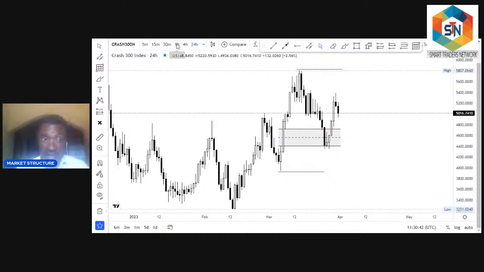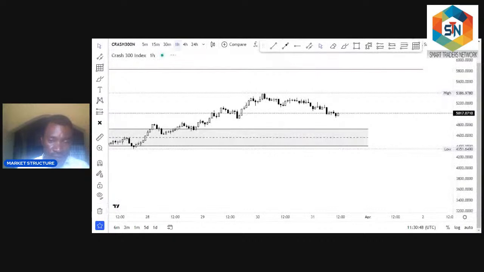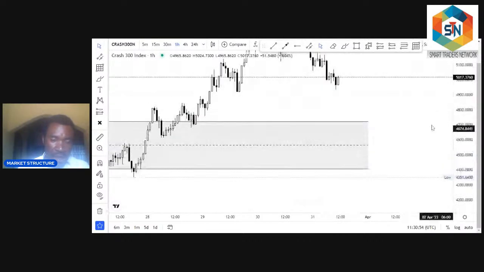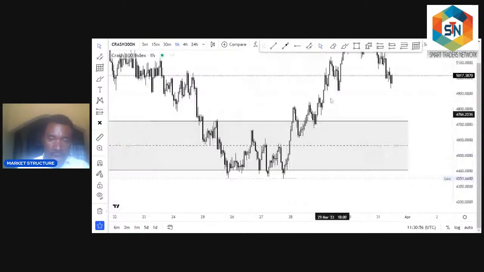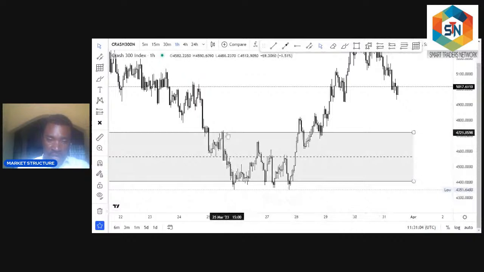Now let's go to the 1 hour. Let's see if we would have been able to get an entry on the 1 hour. Okay, this is the 1 hour. Look at what price did when it came to that zone. Price gave us a high.